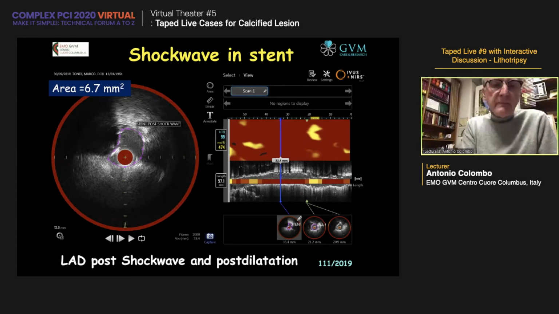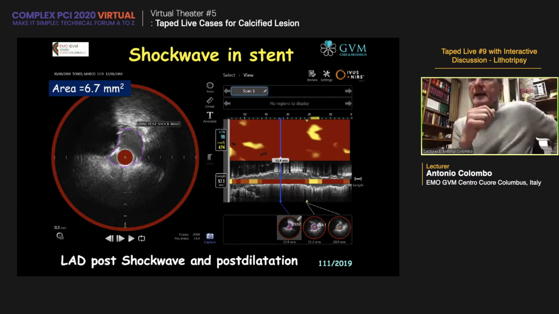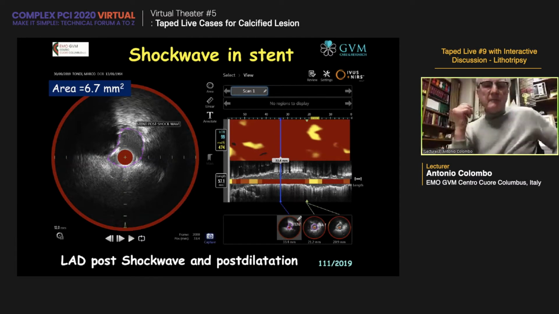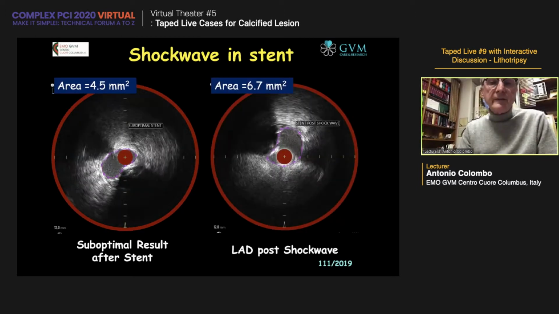That may be a good reason to use a different technology like orbital atherectomy, maybe cutting balloon, and not use the shockwave if you do not expect to have a good result.